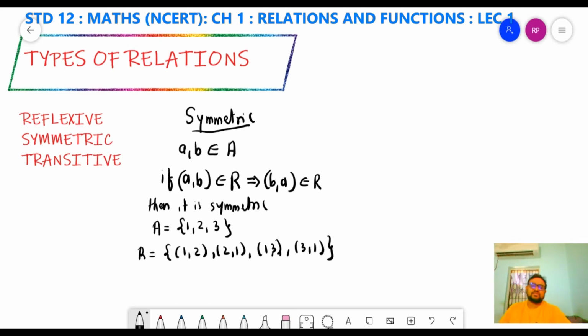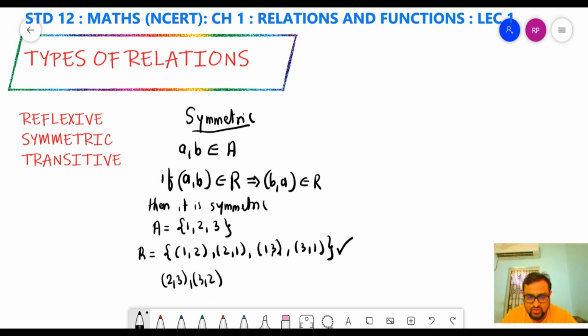See, if this is the relation, that means this is a symmetric relation, because (1, 2) belongs to R, that means (2, 1) also belongs to R. Similarly, (1, 3) belongs to R, so (3, 1) also belongs to R. See, there is a difference from reflexive. In reflexive we are writing for every a belonging to A. Here it is not for every a, b, right?